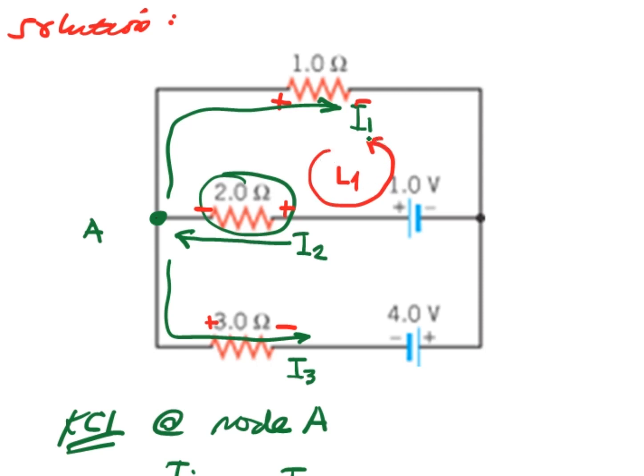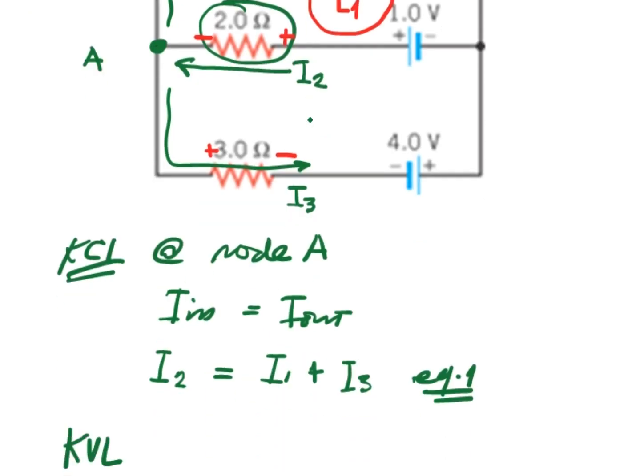Saan lumabas ang loop? Dadaan dito sa resistor 1, lalabas siya sa positive. So, kung positive siya, then assume that that is a potential rise, V rise. So the voltage on resistor 1 is a voltage rise.